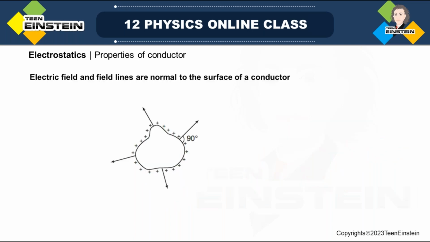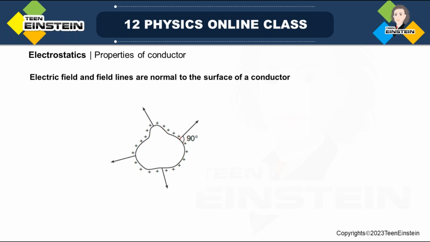All right. Now another property is that the electric field and field lines are normal to the surface of the conductor. As you see here, at each portion the field lines, inside there is no field line because there is no charge.